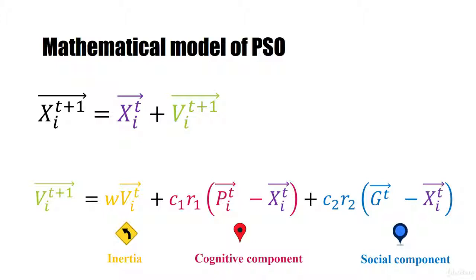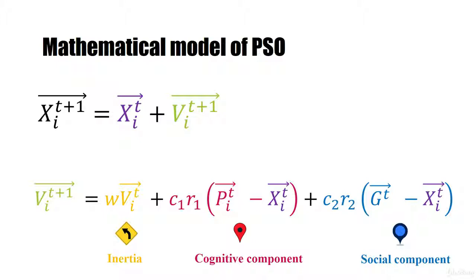These two vectors are updated in each iteration with these two equations. There are slight changes compared to the mathematical model in our analogy. Firstly, instead of d, we have t, which stands for iteration. Secondly, the current velocity is multiplied by a variable called inertia. And finally, we have c1 and c2 for the last two components in the velocity vector.